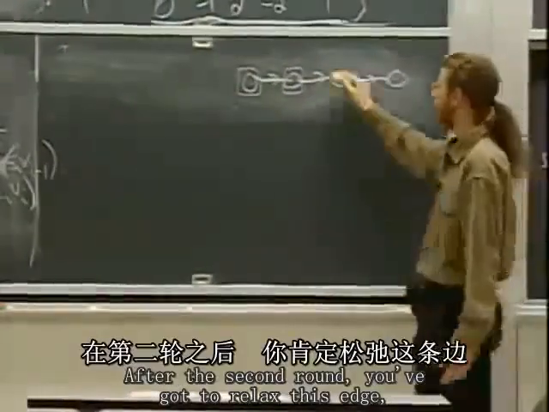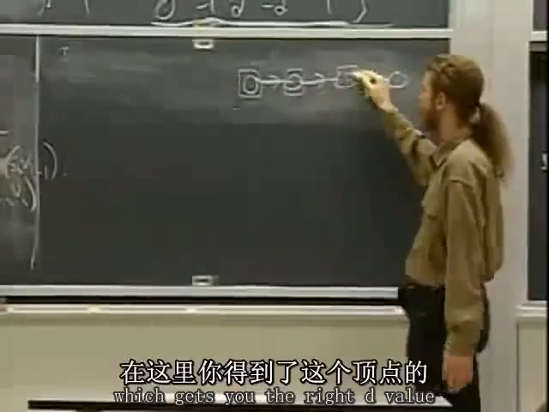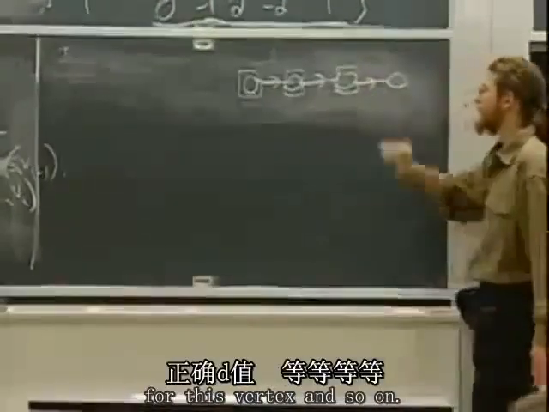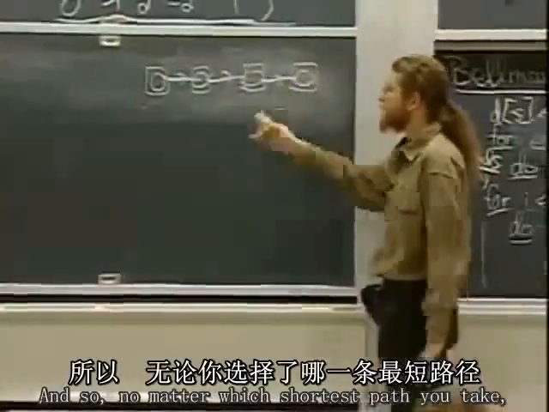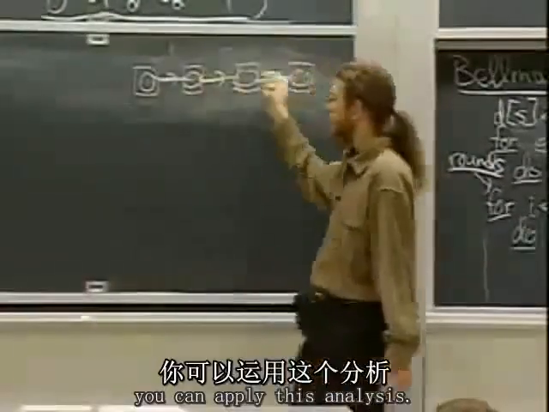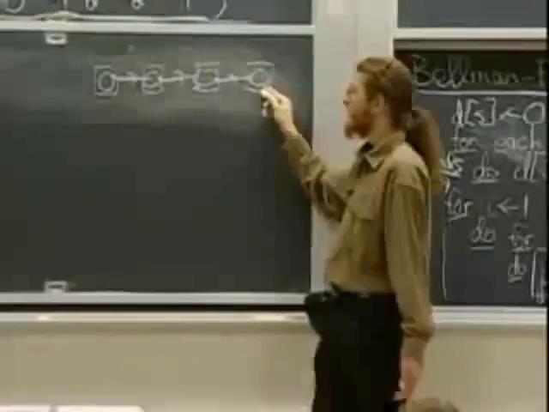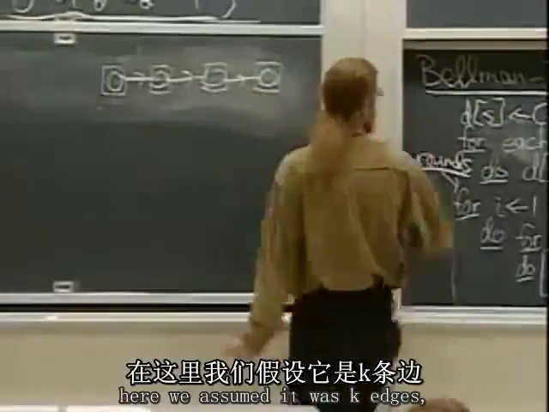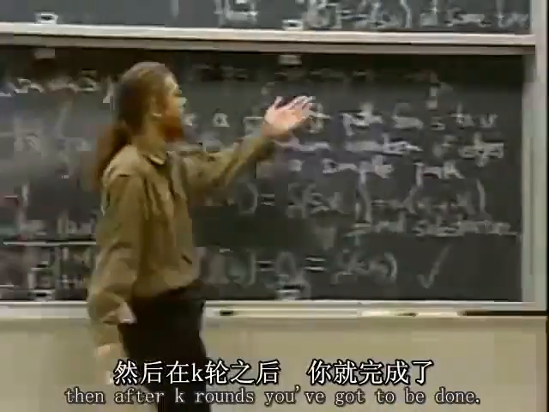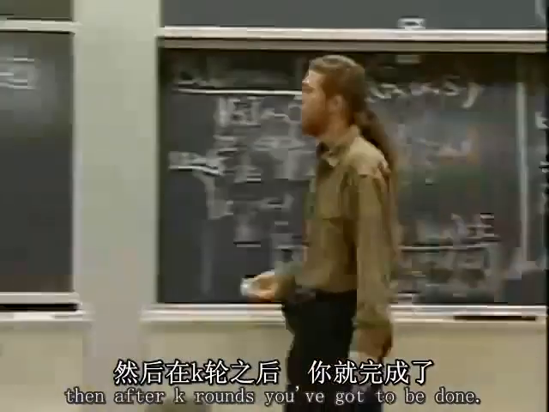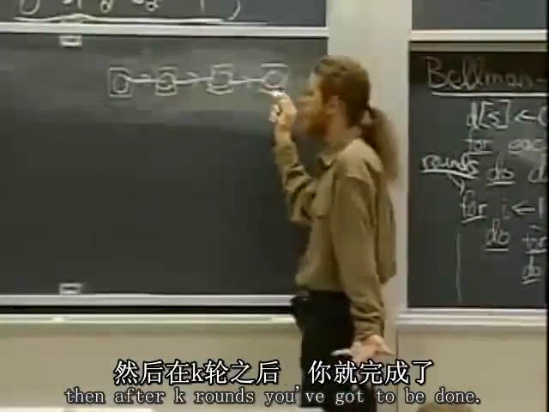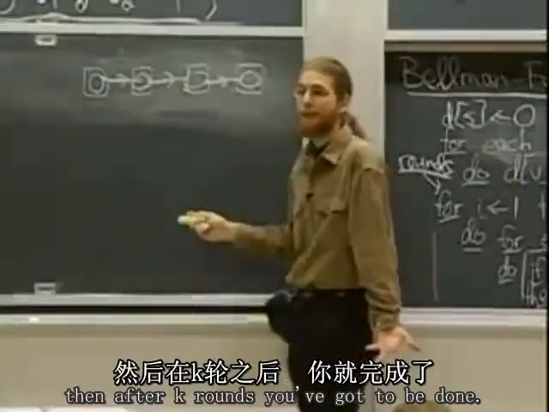After the second round, you've got to relax this edge, which gets you the right d value for this vertex, and so on. And so, no matter which shortest path you take, you can apply this analysis, and you know that if the length of this path is, here we assumed, k edges, then after k rounds, you've got to be done.